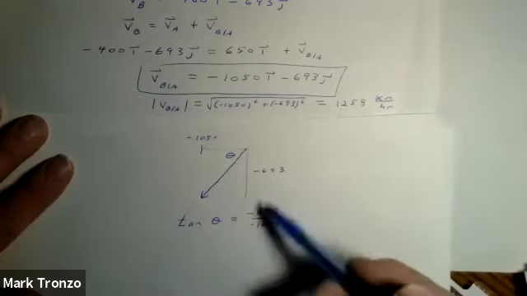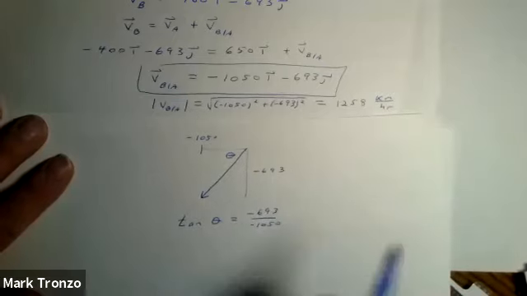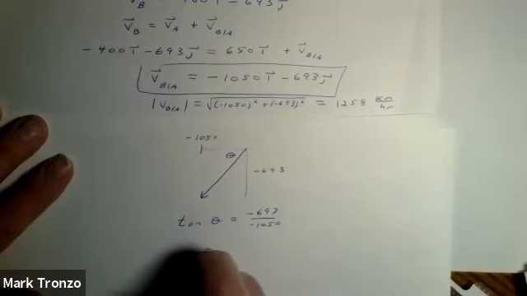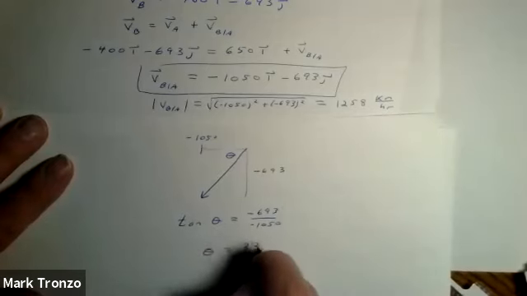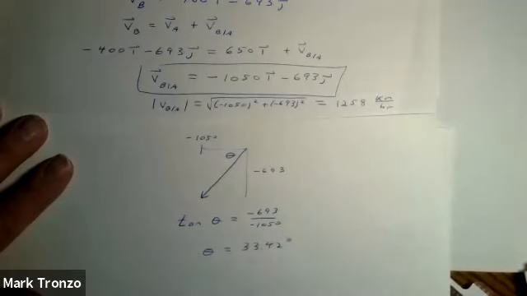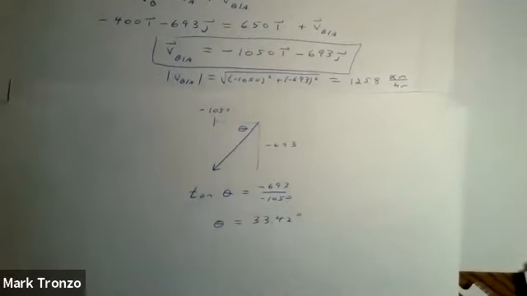You could just leave the minuses off when you do the tangent, but I'll put them on anyway. Put it in your calculator and you get 33.42 degrees from the horizontal. Any questions on this? Everybody okay?